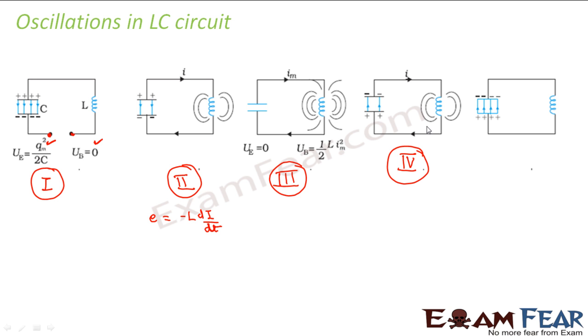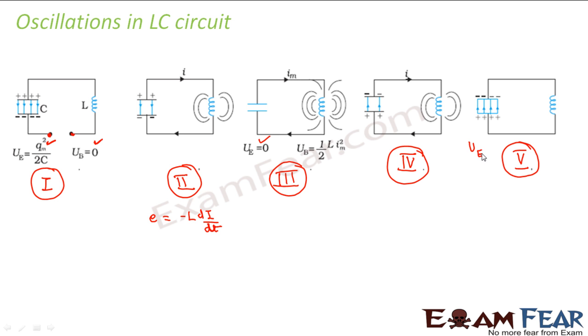In this stage 4, we see that the capacitor is getting charged. The electric field energy stored in the capacitor will again start increasing and the magnetic field energy stored by the inductor will again start decreasing. Finally it will reach stage 5, where the capacitor is again fully charged and the inductor doesn't have any energy.